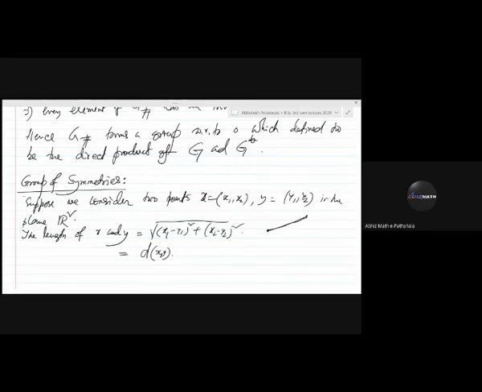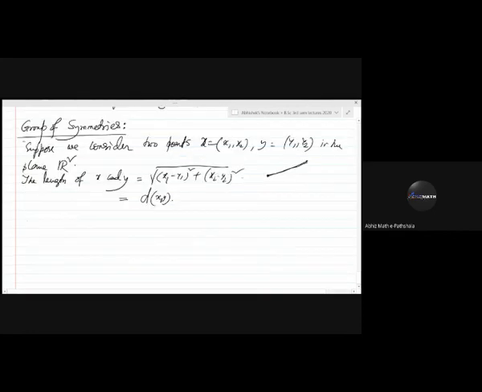Okay, now let X be the set of all points on a given geometrical figure.